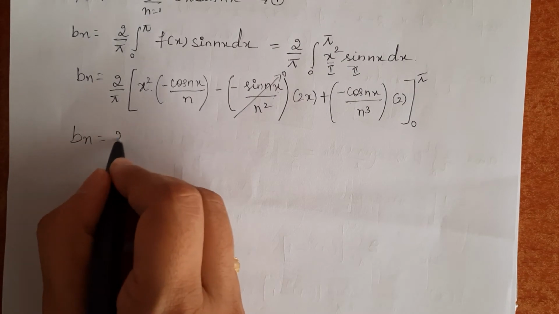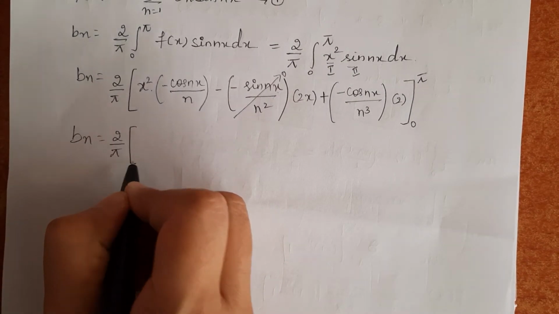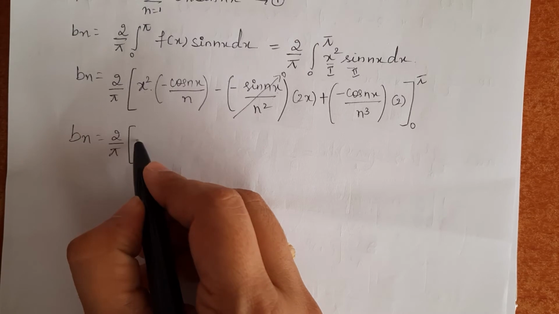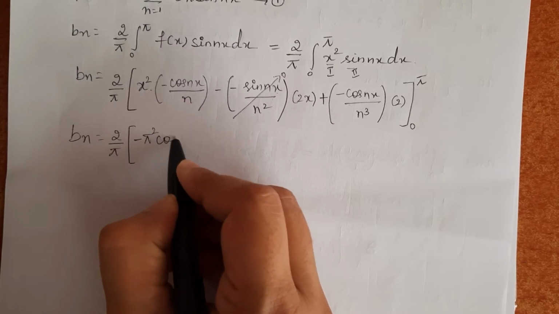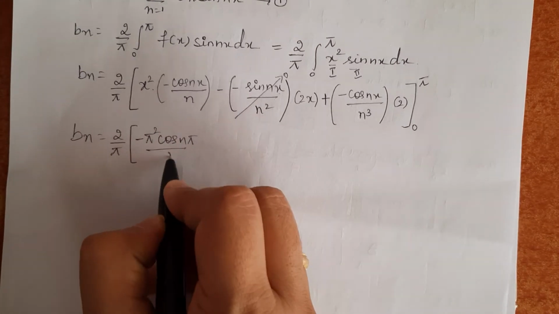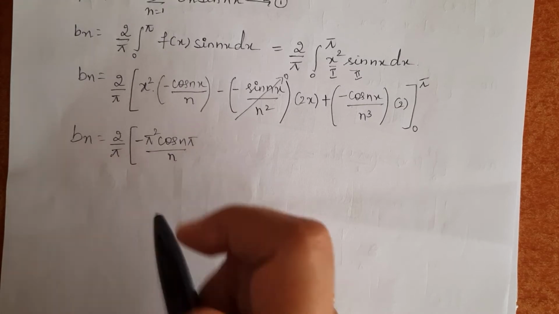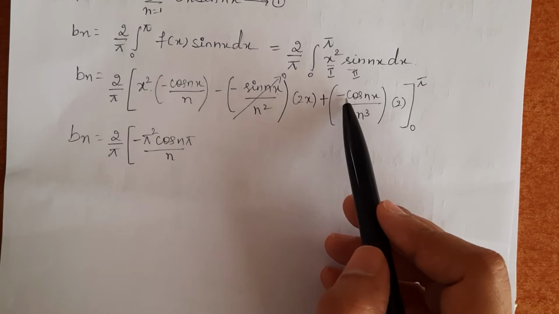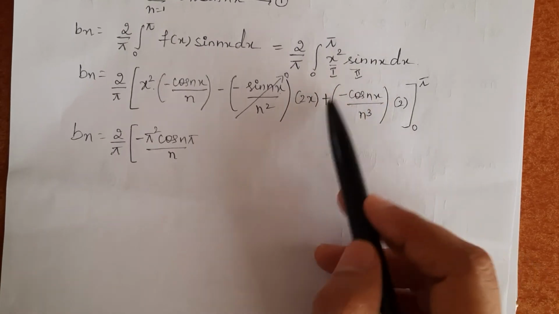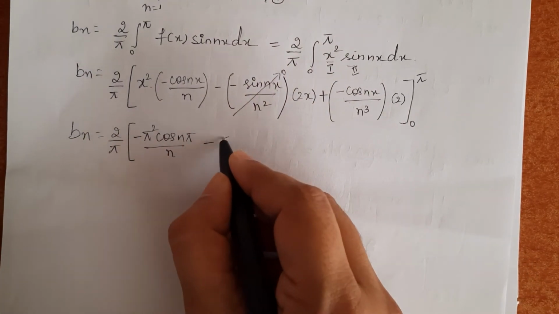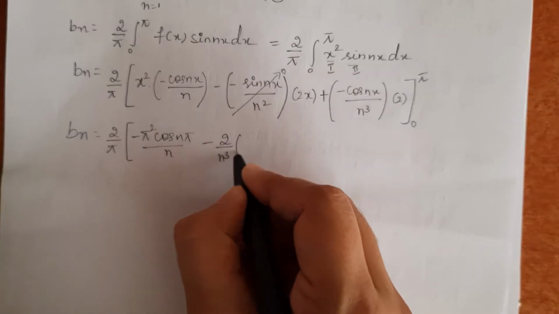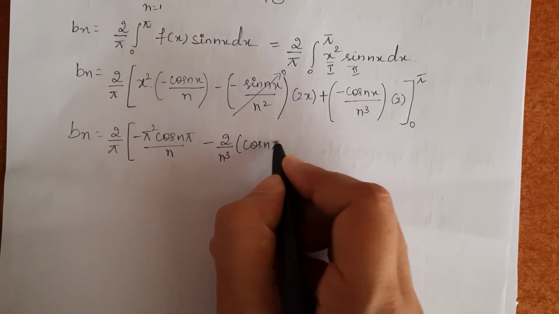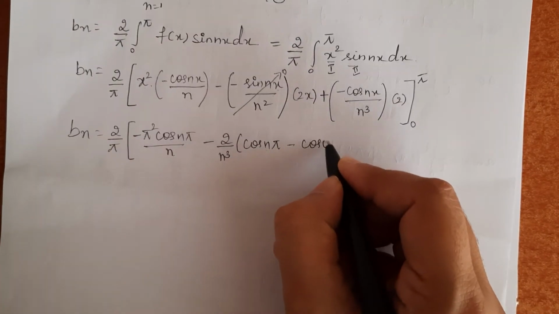Bn equals 2 by pi into, upper limit for this term is minus pi square into cos n pi divided by n, minus lower limit is 0 into cos 0, it is 0 only. Then we will apply the limits for this term. Minus 2 by n cube is a constant, upper limit is cos n pi, minus lower limit is cos 0.